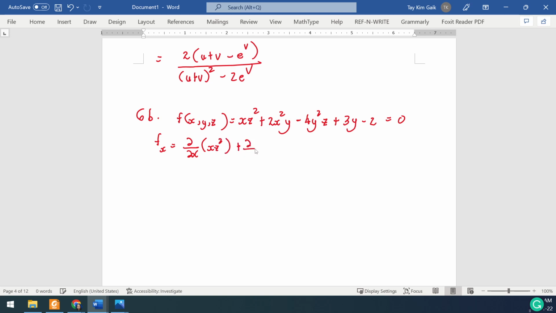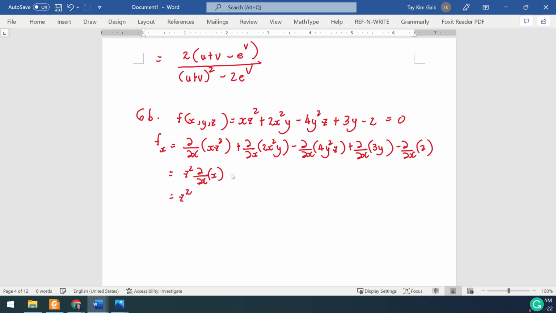Del x of xz squared, plus del x of 2x squared y, minus del x of 4y squared z, plus del x of 3y, minus del x of 2. When you del x, z squared is constant, so factor out z squared. Del x of x is 1, so the answer for the first term is z squared.